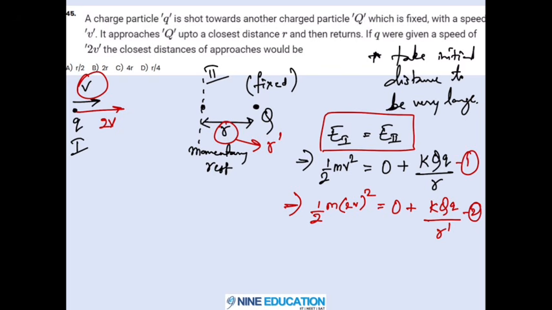Just divide those two equations, 1 by 2. You will get half m cancel. So 1 by 4 is equal to R dash by R. So this implies R dash is equal to R by 4. So distance of closest approach is R by 4.